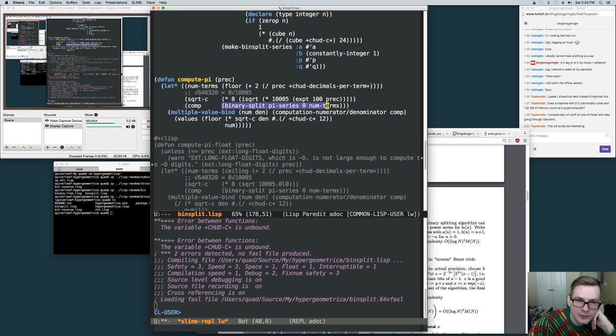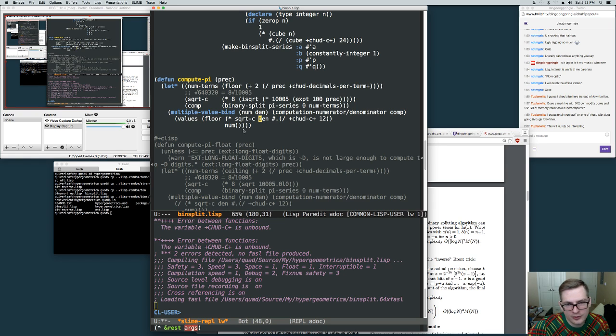And then we compute the binary split version of the series. When we do binary splitting, we're going to get a rational number back since we have sums of rational numbers. And we get the numerator and denominator here, and we multiply by our square root.